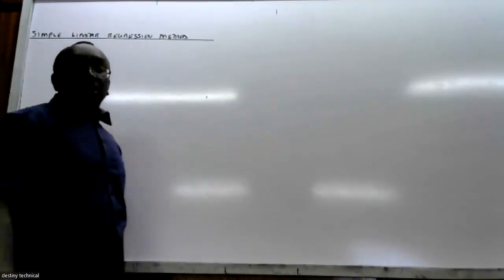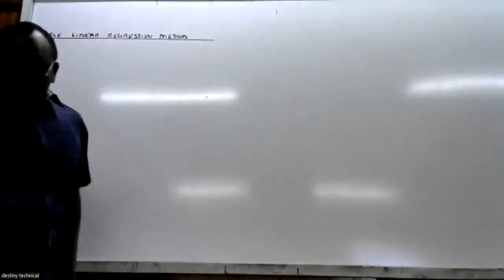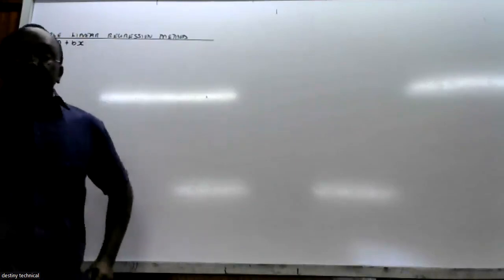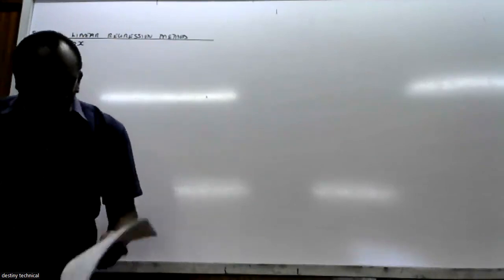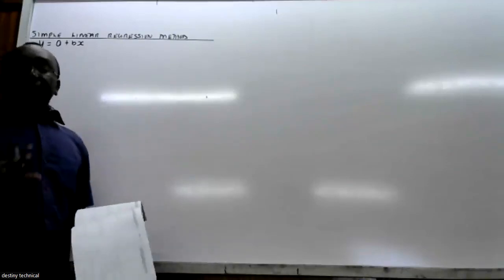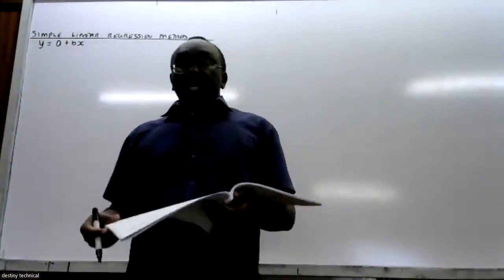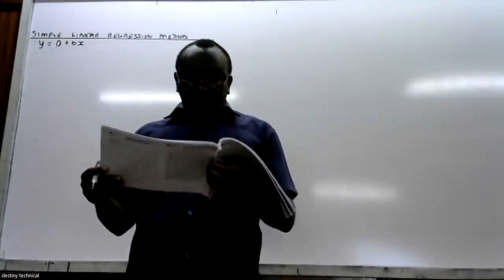Now, as I told you earlier, regression is called simple if it has just one independent variable. And the format is y equals a plus bx. There are formulas that we use, but for this question, we are not going to use the formulas, because the examiner has already done it for us.